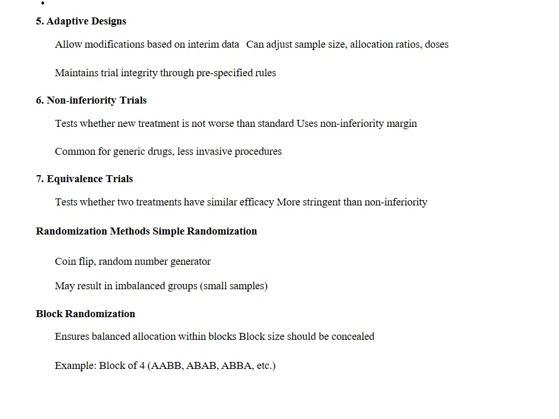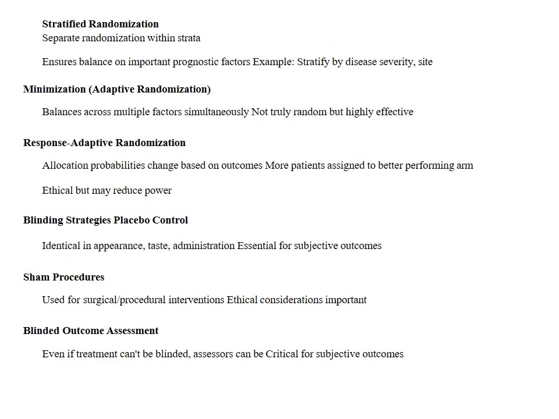Randomization methods. Simple randomization: coin flip, random number generator, may result in imbalanced groups in small samples. Block randomization ensures balanced allocation within blocks. Block size should be concealed. Example: a block of A, A, A, B, B, B, and you can arrange them in different ways. These randomization methods can reduce the bias among the studies.